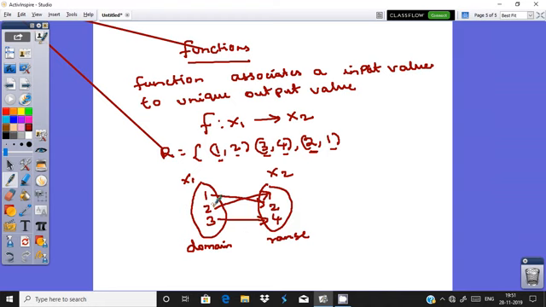If every value of x1 matches with x2, then we can say it is called a total function.